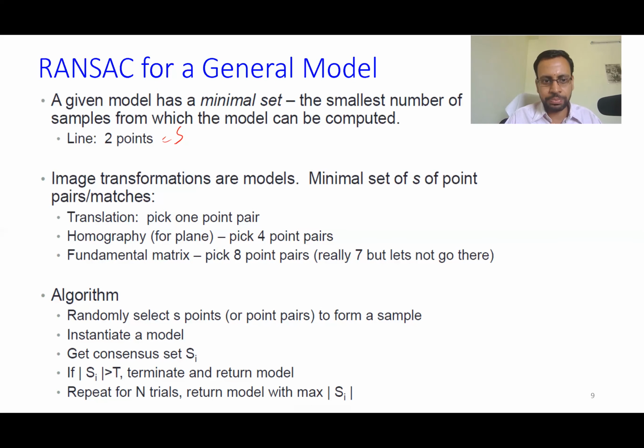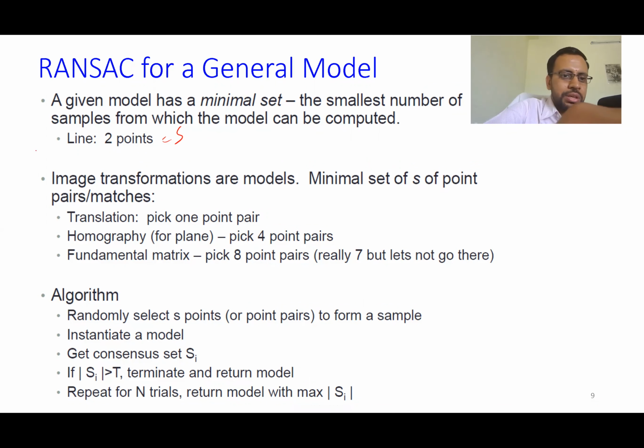Homography, I said 8, but that is in fact equivalent to 4 point pairs, because you get two equations from each of those points. So 4 point pairs are required. If I am not wrong, for affine, you would require 3 point pairs. Line, 2 points.